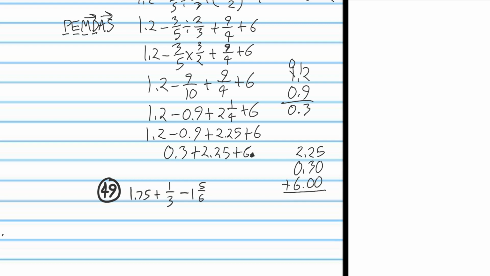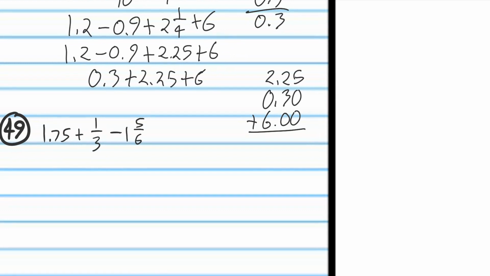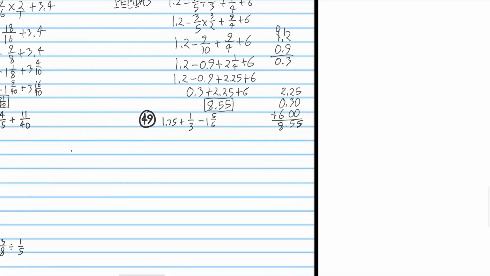The decimal is there because it's invisible. It's got to go directly to the right of the number in the ones place, which is 6. Add the numbers up and you get 8.55. So if you got 8.55, that was a pretty good achievement there, because that was a long problem.